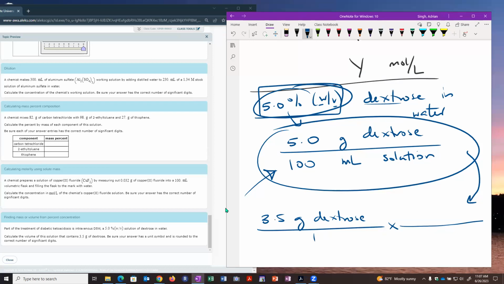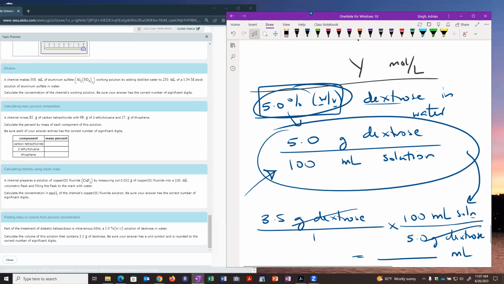I can use it as it is, or in this case, I need to flip it because I want to end up with milliliters, the volume, as my unit. So I'll put that on top, and the mass goes on the bottom. So the grams of dextrose go away. I end up with mL as the unit left in there.